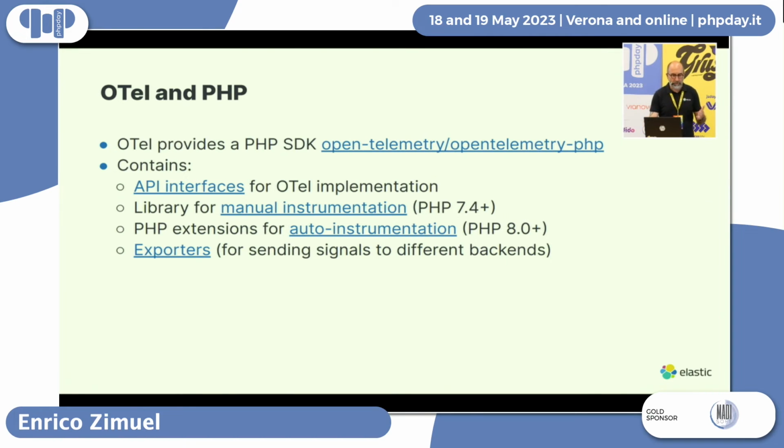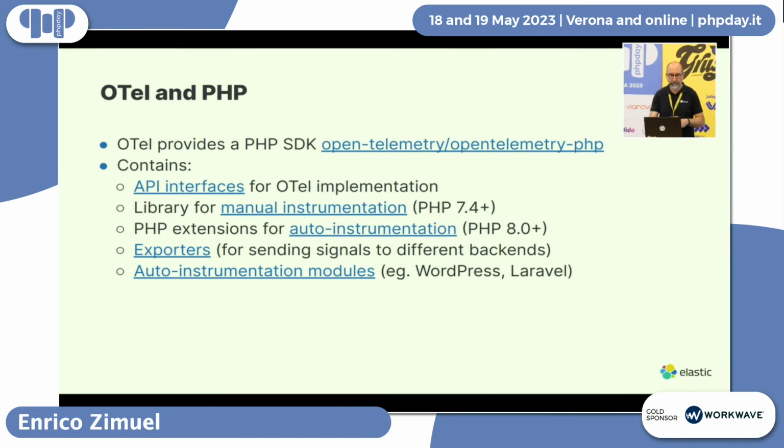The project contains also different exporters, so different plugin systems to export data to a custom backend. So you can even think, okay, I want to write my custom exporter because I want to store this OpenTelemetry information in MySQL for any reason, I don't know. You can just implement your exporter. And there are a lot of auto instrumentation modules, for instance, WordPress, Laravel, Symfony, already done.